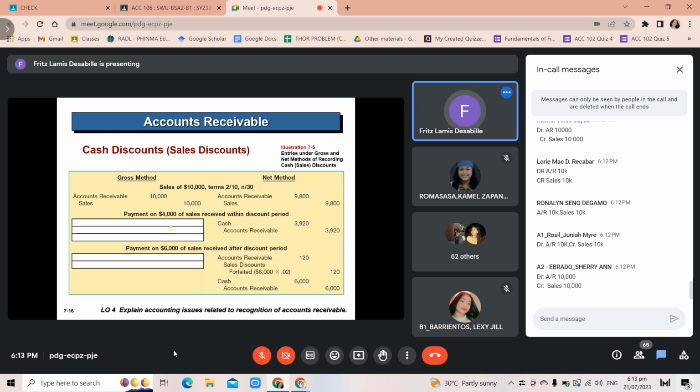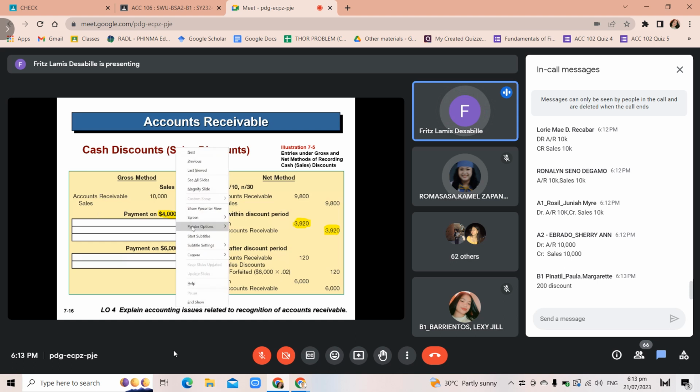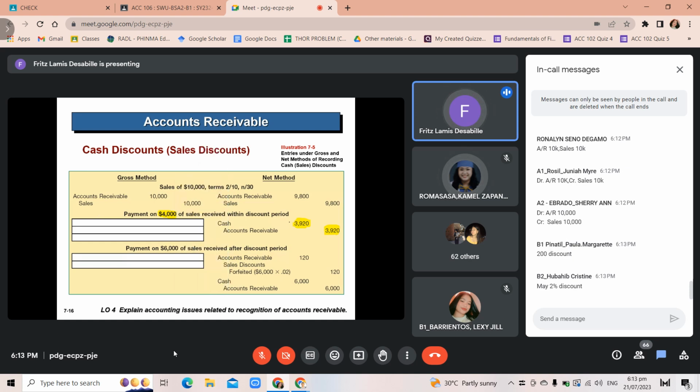Can anyone find out why this amount is recorded? 4,000 was collected, why is it only 3,920, guys? It fell within the discount period, sir. Okay, correct. It fell within the discount period. So this is basically 4,000 times 98%.